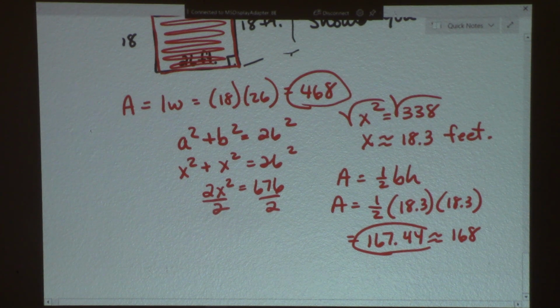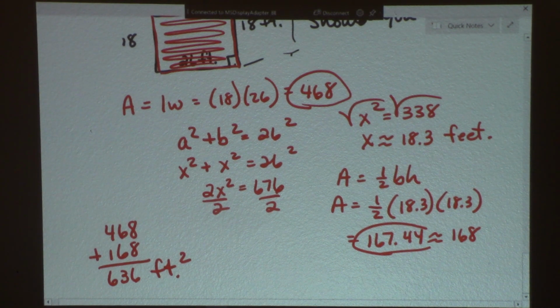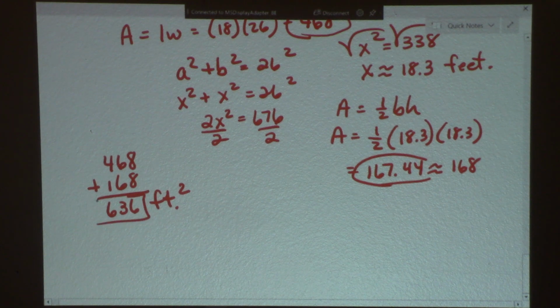Technically with a 4, I would round that down. But with paint, you always want to have a little more, right? So got to keep it real world situation here. So I'm going to add these two together, and I get 636 feet squared. Okay, that's the total area of the barn.